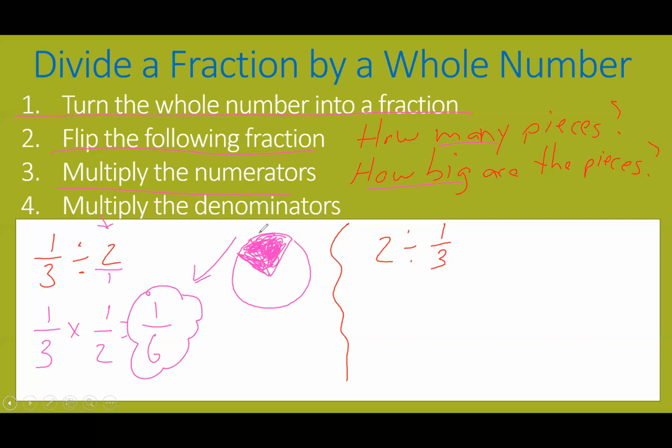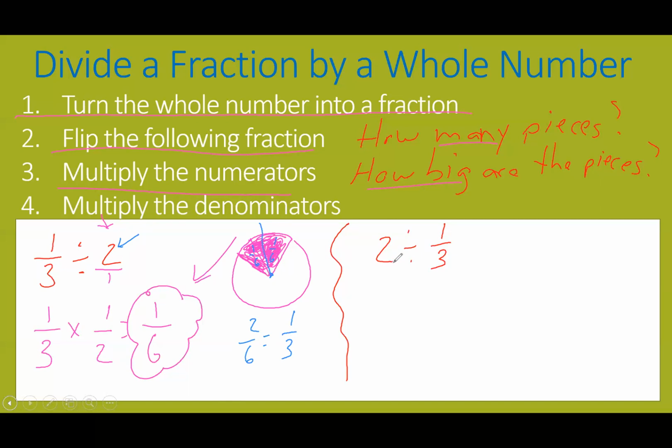If I had 1/3 of a pie and I divided it into 2 pieces, so I'm going to take my 1/3 and divide it into 2 pieces. What size do we have now? It started at 1/3, and then when I divided it, I basically cut that 1/3 in half. That's why I have 1/6 pieces, because 2/6 equals 1/3. I just cut that 1/3 in half. I cut it into 2 pieces because that's what it said to divide it into.